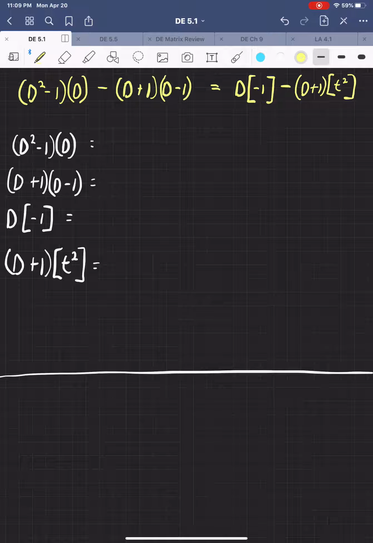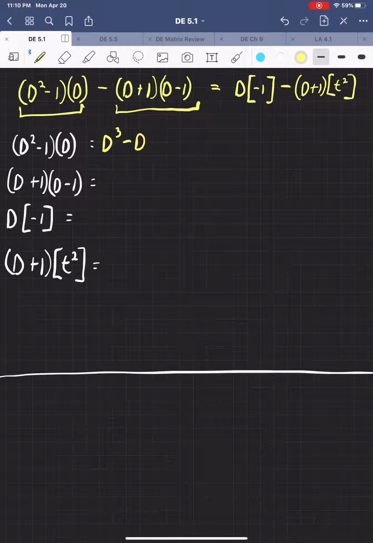All right, let's walk through this. Again, I offer this without much explanation because I've already gone through how you approach this. That would end up being minus d plus d and minus 1, which is just d squared minus 1.